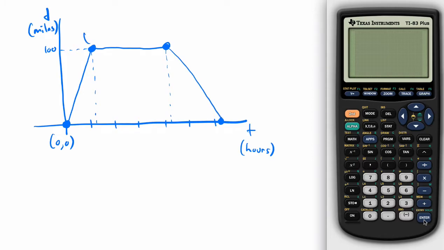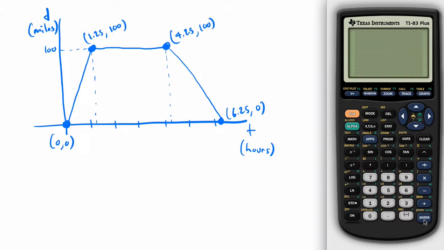This is the point 1.25, 100. This is the point 4.25, 100. And this is the point 6.25, 0.